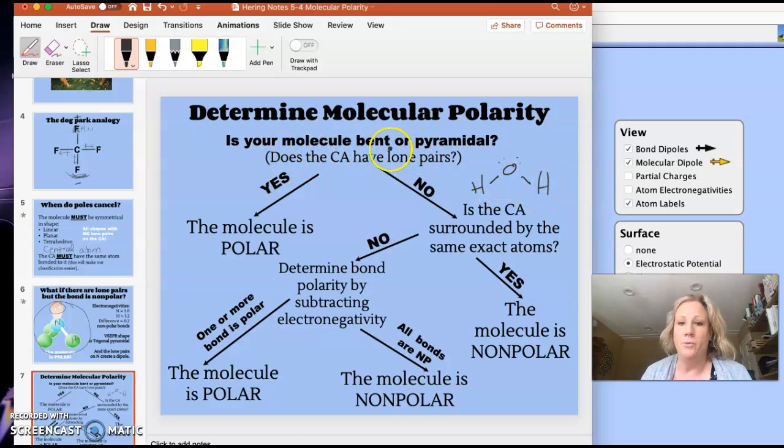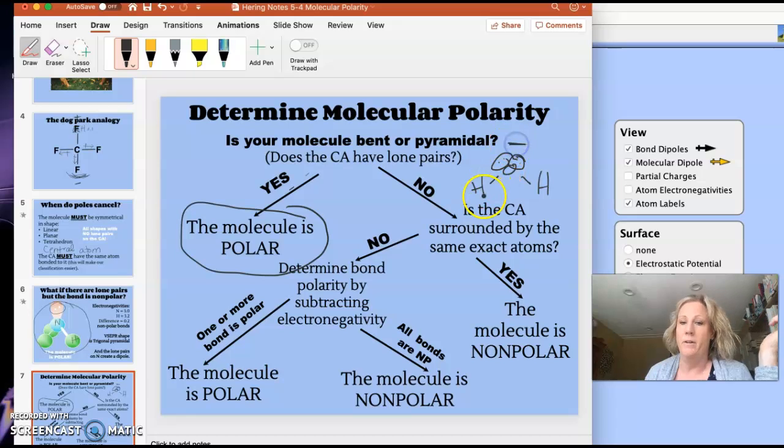So I would just go through these questions. Is this molecule bent or pyramidal? Yeah, it's bent. So I have to go down here. So automatically that molecule is polar. If it's bent or pyramidal, because of the lone pairs of electrons, it's going to be negative on that end of the molecule. And there's no symmetry, so it can't cancel.